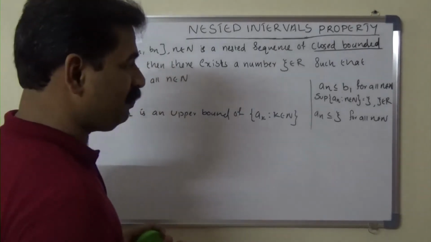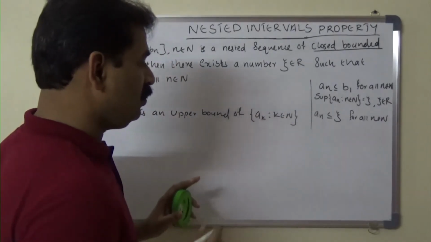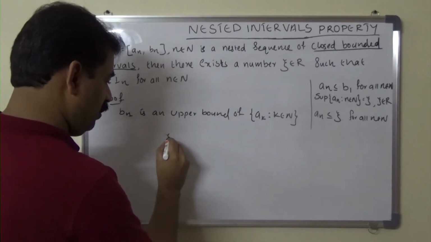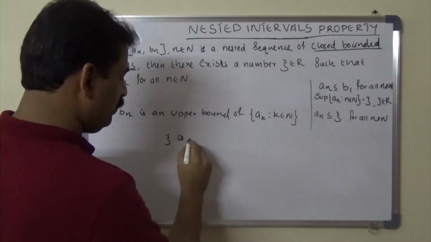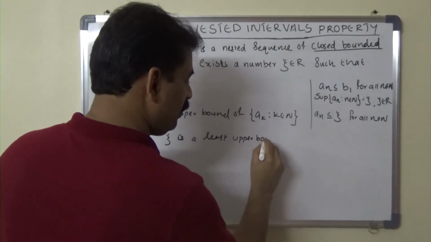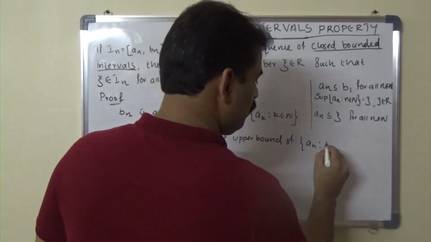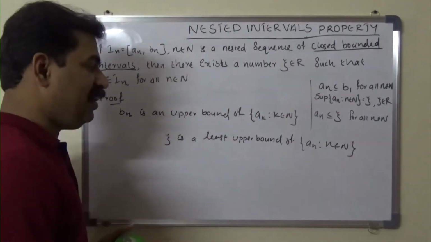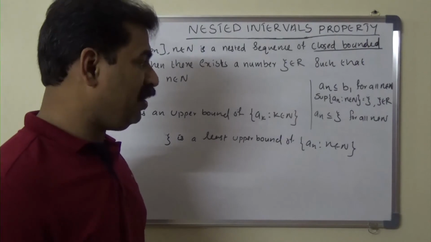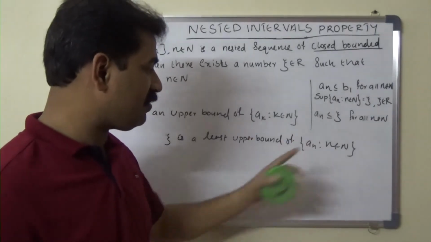So we have B_n is an upper bound of the set of all A_k such that k belongs to N. Also we have Xi is a least upper bound of the set of all A_n such that n belongs to N. Here we know these two sets are the same.